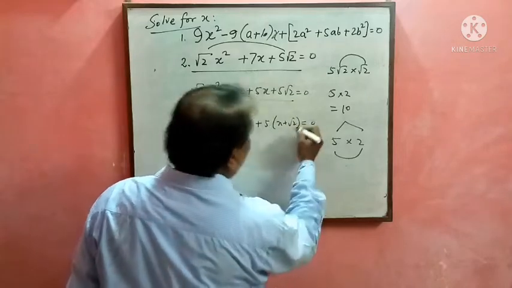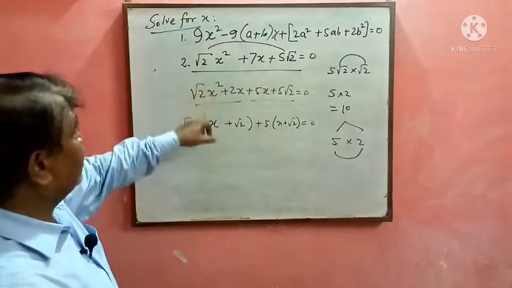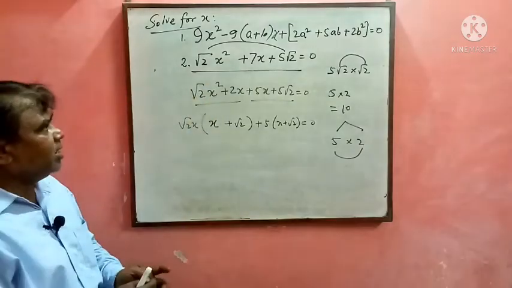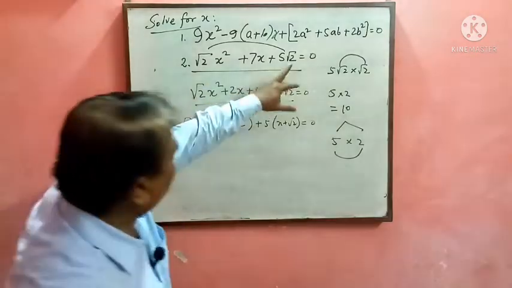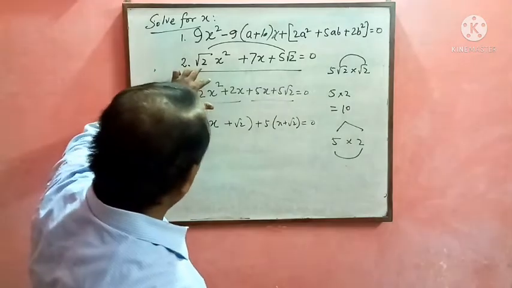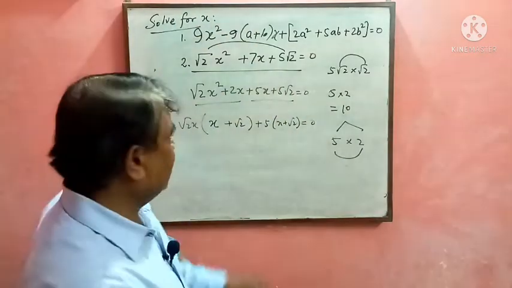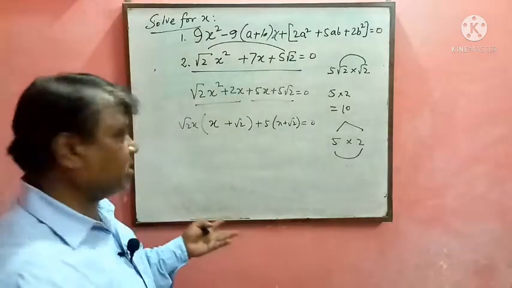This is very simple and you may face for 2 marks question. Like at a glance if you see, it will be a bit difficult, but we know if I multiply the root with the same root by itself, it will be the rational number itself.